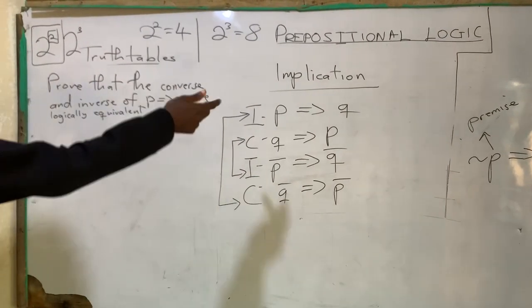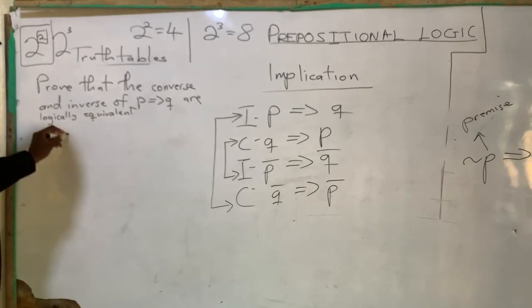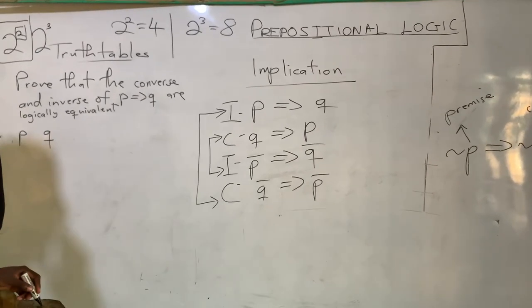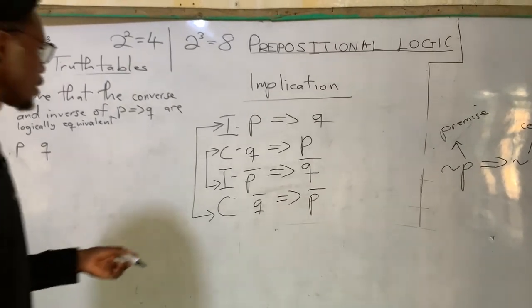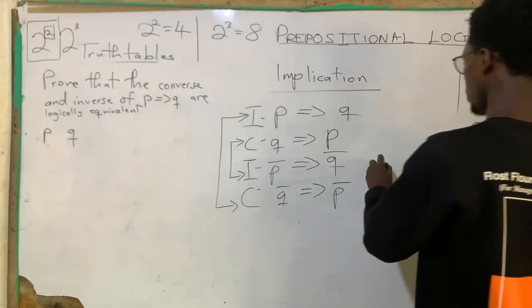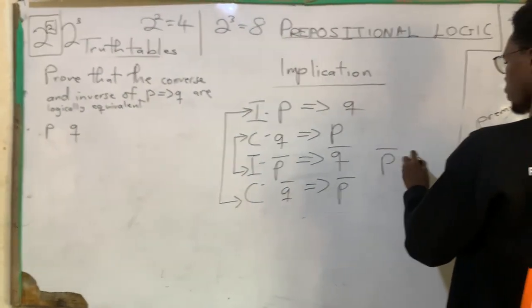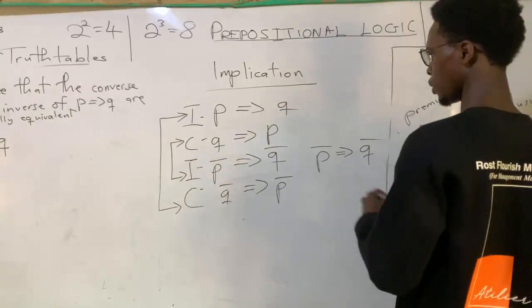First, we will need a truth table, right? So our values are what? P and Q, right? So what at all is the inverse? This is the inverse, right? So let me make it very clear over here. Not P implies not Q. Then what is the converse?